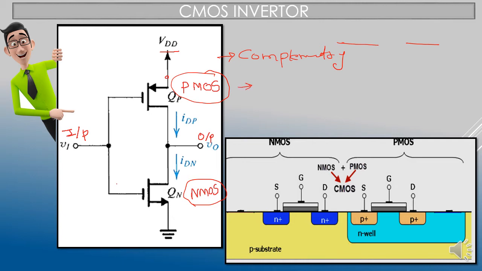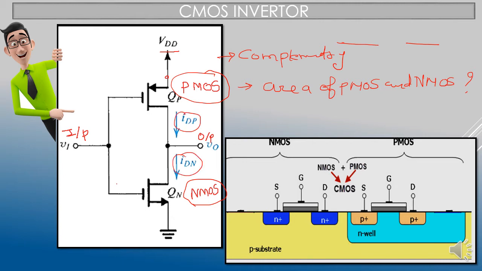The first question which can be asked about CMOS is about area. Is the area of PMOS and NMOS the same or different? You should always remember that current is the same.